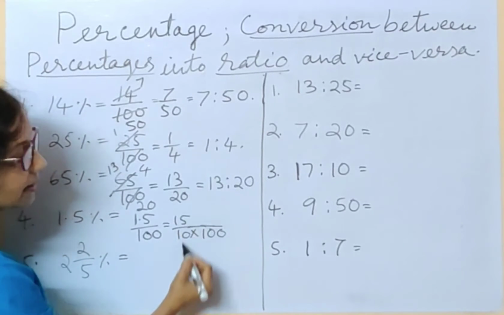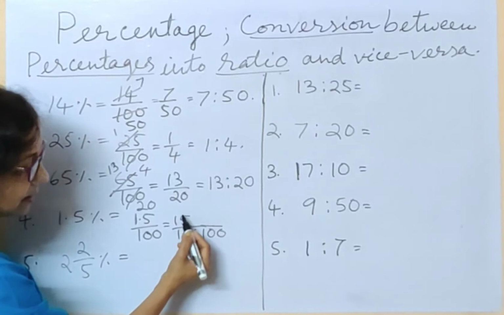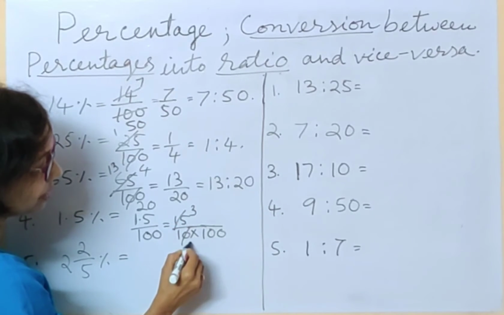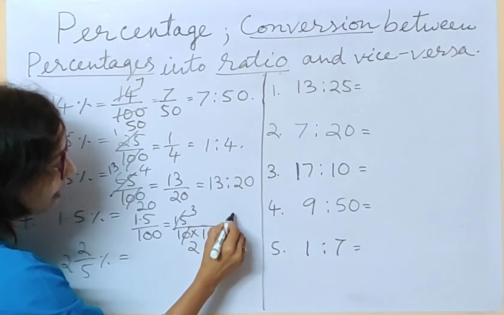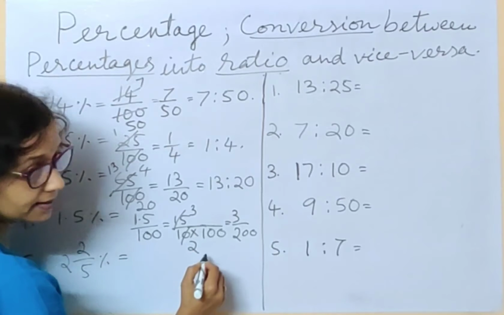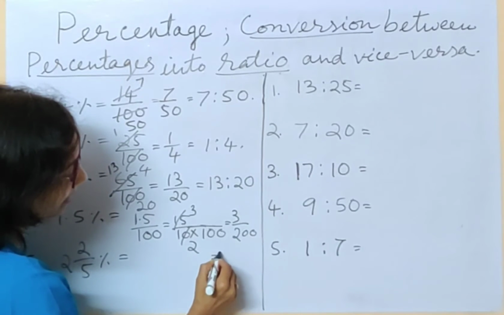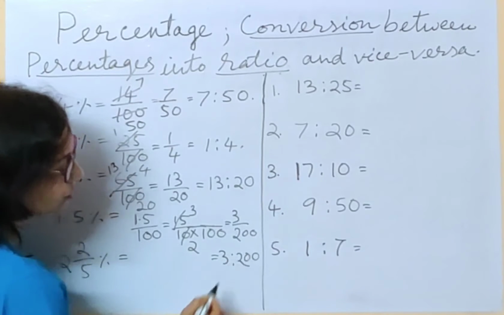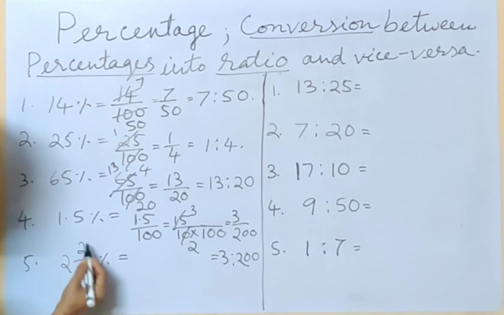So now we can cancel the numerator and denominator. So 5 3s are 15 and 5 2s are 100. So it will come 3 by 200. And how do we write it as a ratio? We can write as a ratio 3 is to 200.